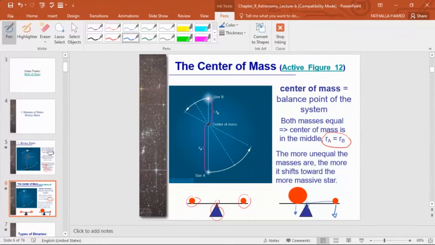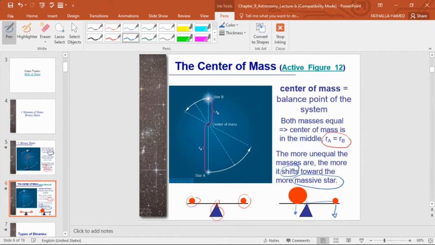So that's what we mean by a center of mass. When the two masses are equal, the center is exactly midway between both of them. If they're not equal, the center of the mass shifts toward the massive star.